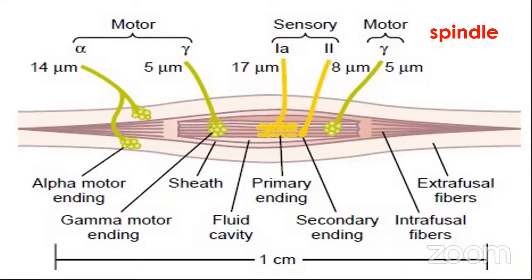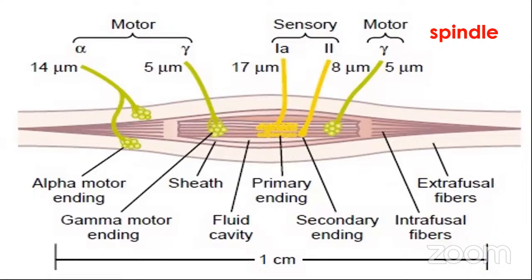Now coming to the innervation of the muscle spindle. The muscle spindle has a contractile middle, non-contractile middle, and also contractile ends.